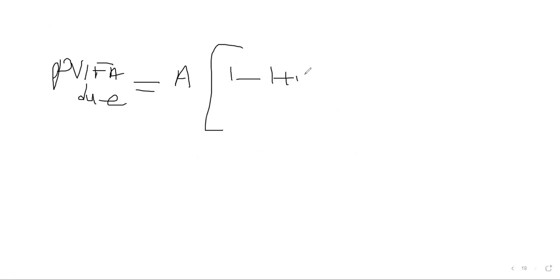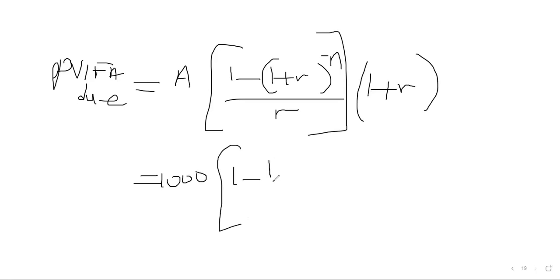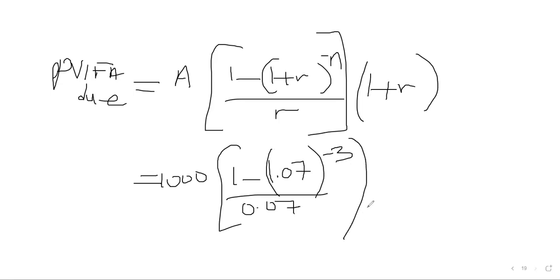So for the present value interest factor annuity due, it's going to give us the amount, then 1 minus (1 plus R) to the power negative N, over R, where the payments are done at the beginning, then multiplied by 1 plus R. So the amount would have been 1,000, then 1 minus 1.07 to the power negative 3, over 0.07, then multiplied by 1.07.